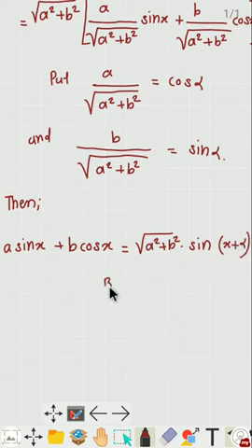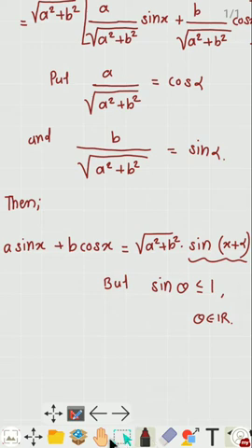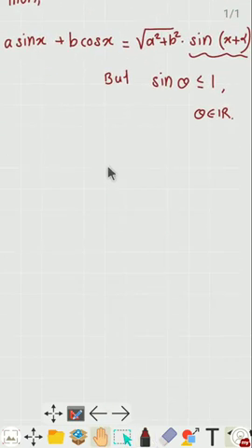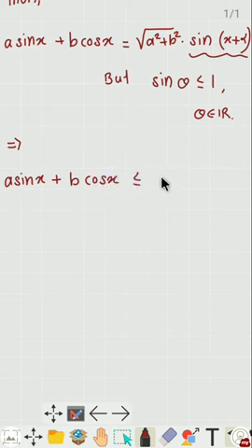But we know that sine theta is always less than or equal to 1 for all theta, theta belongs to the set of real numbers. So instead of this, if I put 1, then we have the inequality. So this implies a into sin x plus b into cos x is less than or equal to square root of a square plus b square.